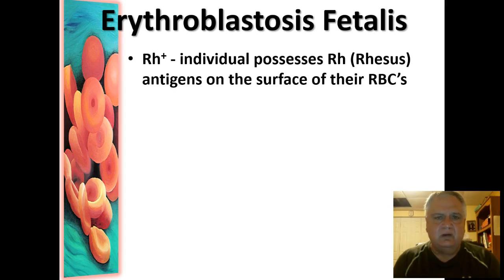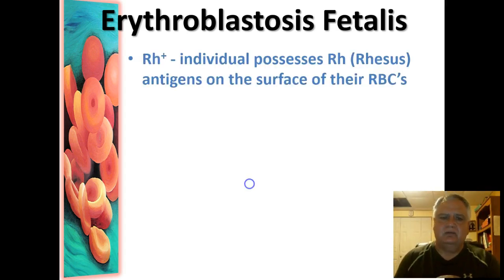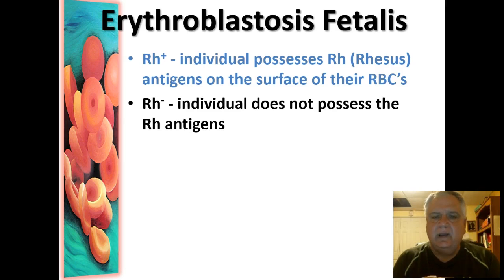So if you, as an individual, express some of these additional antigens, there can be anywhere from 1 to 6, as long as you express one of them, you would be designated as Rh positive. On the other hand, individuals that do not possess any of these Rh antigens would be designated as Rh negative. It's been studied, and the data shows that about 85% of the population is in fact Rh positive, possessing at least one of these 6 rhesus antigens.